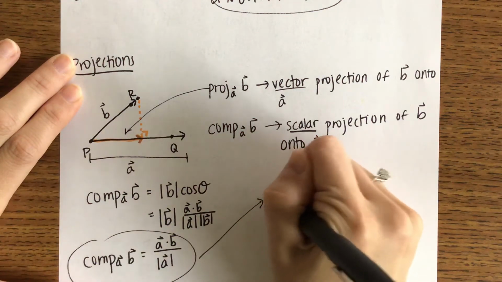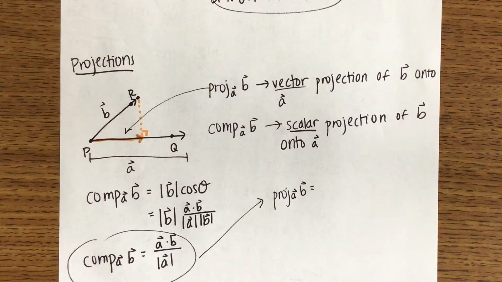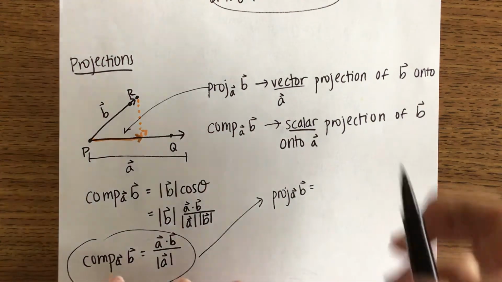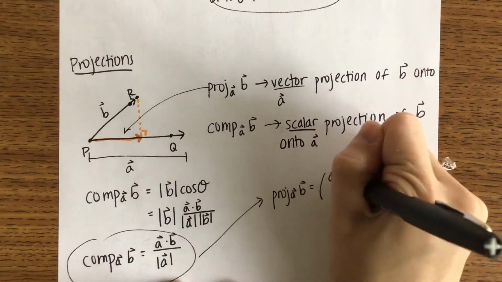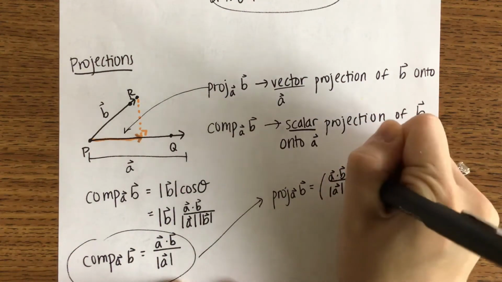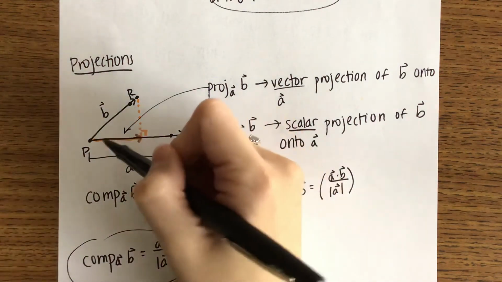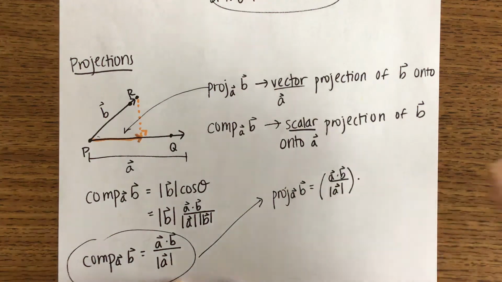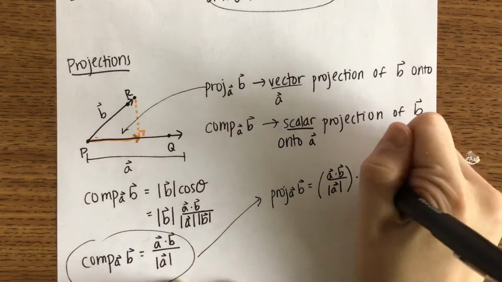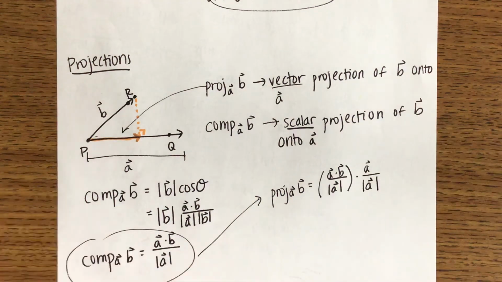So if we want to look for the formula for the actual projection itself, it's going to be the magnitude, so what we already got over here, the size of the projection times the direction. Now, our direction is going to be a. But remember, with direction, we want it to be a unit vector. This already indicates size. So we're going to multiply that by a over the magnitude of a.